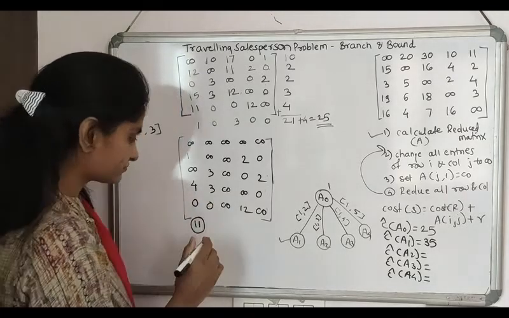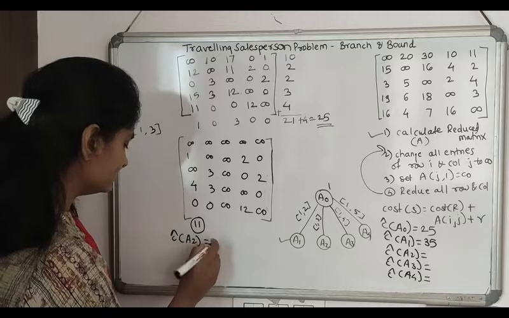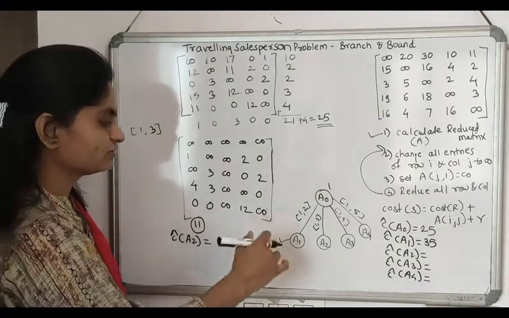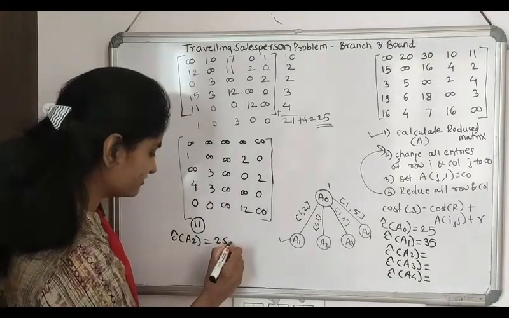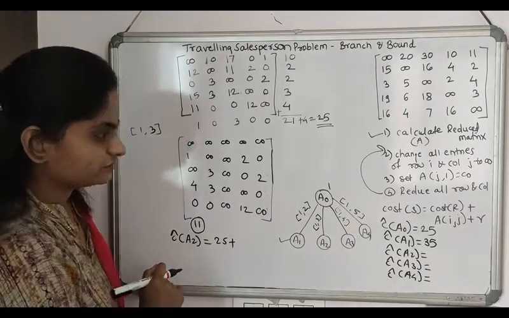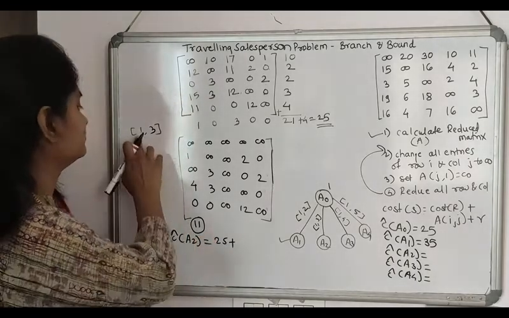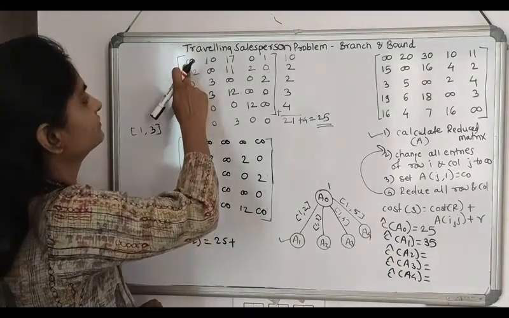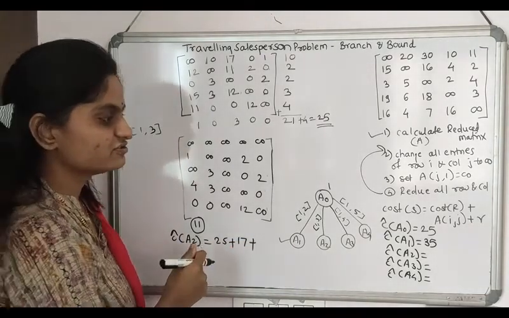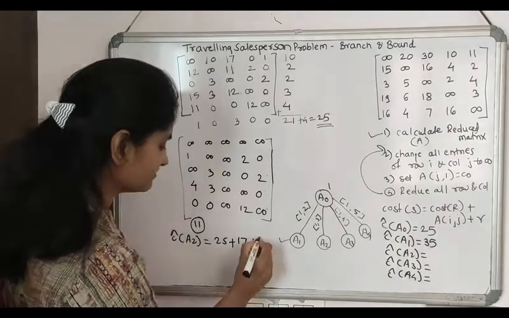Then to calculate C cap of A2, the cost for this path 1 to 3. First, the cost of the reduced matrix, which is 25, plus A of ij, the cost of 1 to 3, which is 17, plus R, the sum of all row and column reductions, here only 11.